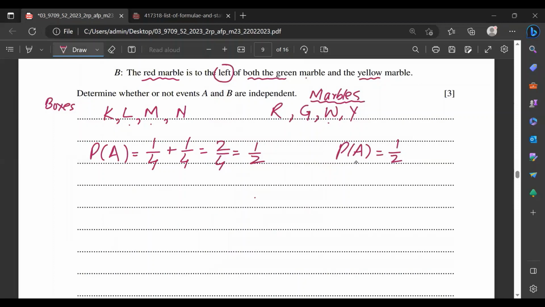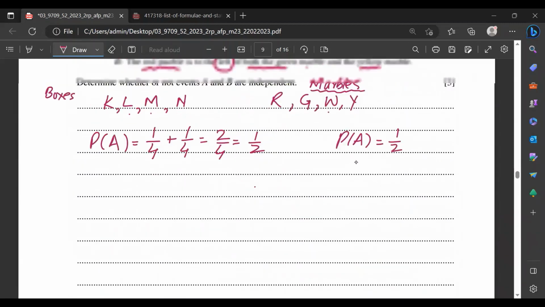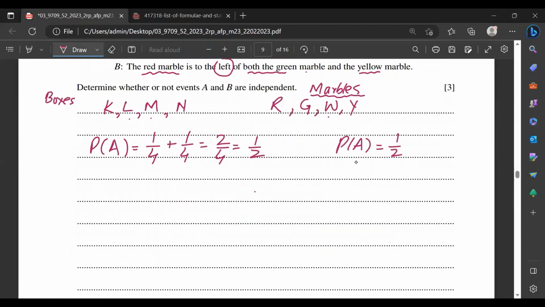So working for the second part is here. Let me use this space. R, G, W, yellow.